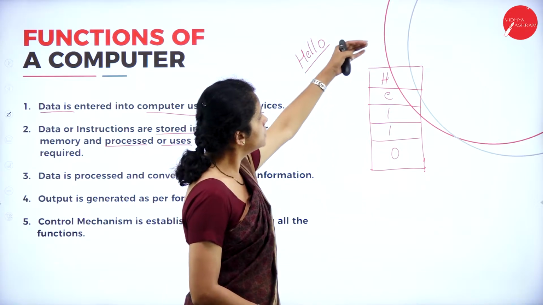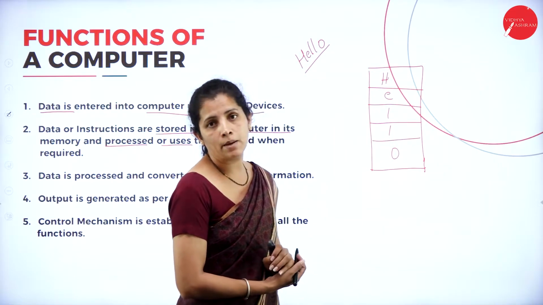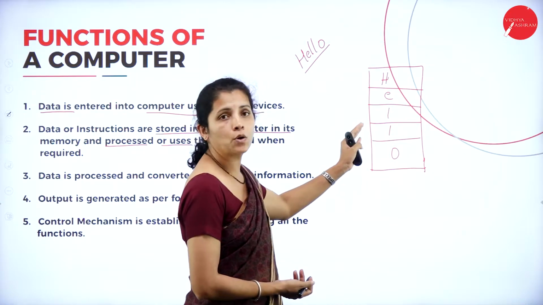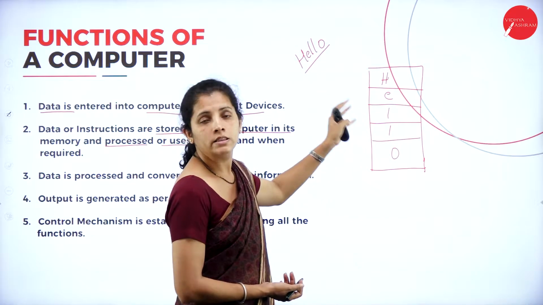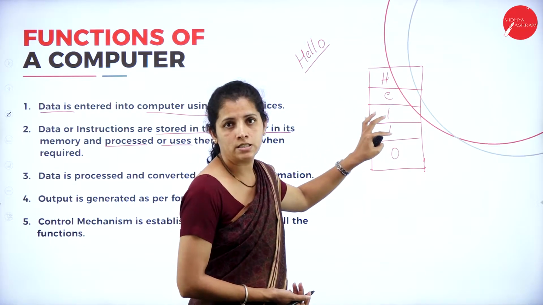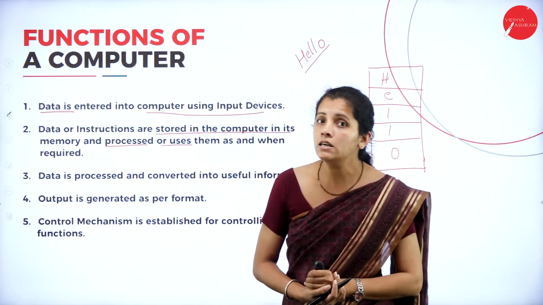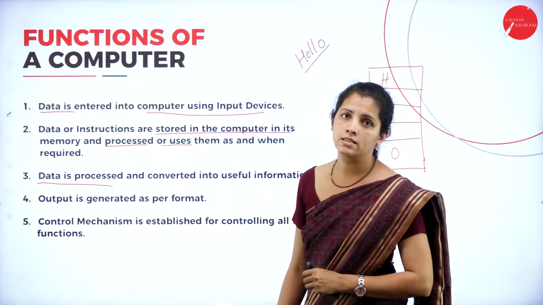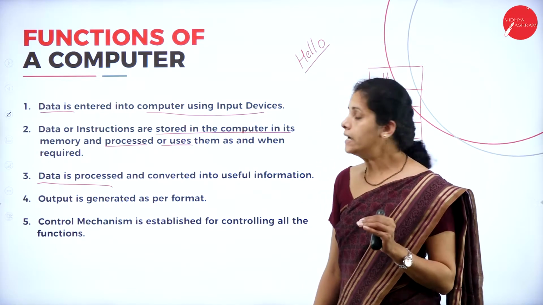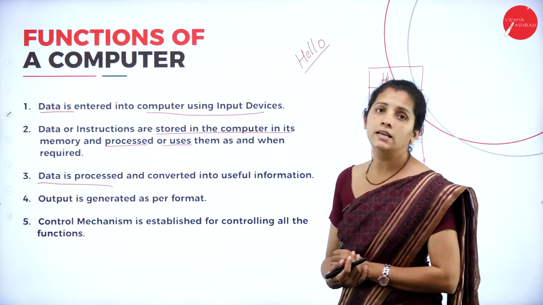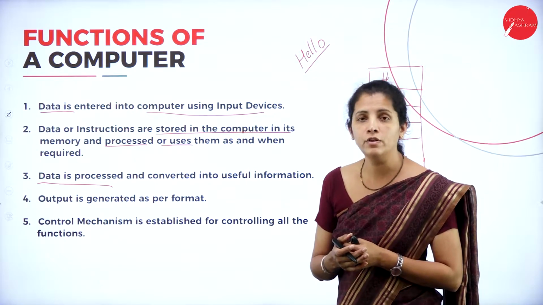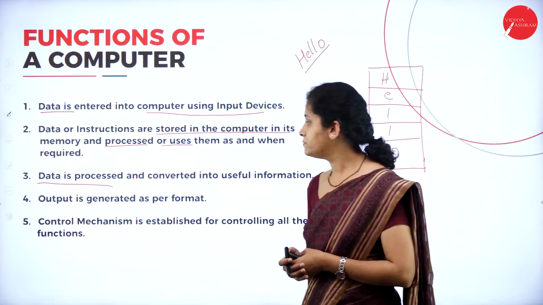Now, see, this data is stored in the computer memory, and if that data is required by the user, then it is processed. Now, what is my third functionality here? Data is processed. Whatever data I entered is processed and converted into meaningful information.